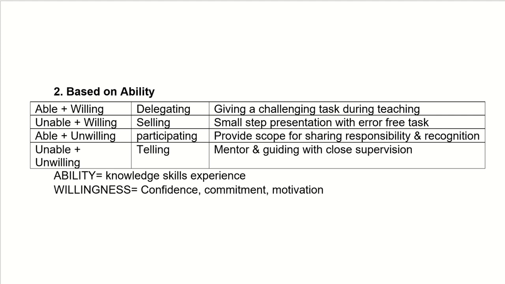So small steps this person is going to take. Then the person is able to lift a weight of 30 kg but doesn't want to do it. So this is participating. It provides scope for sharing responsibility and recognition. That person wants some motivation.